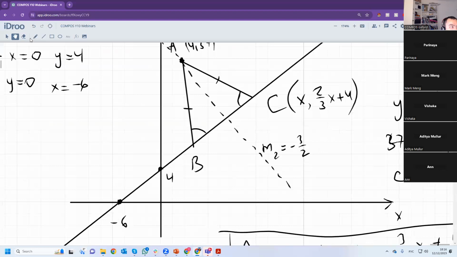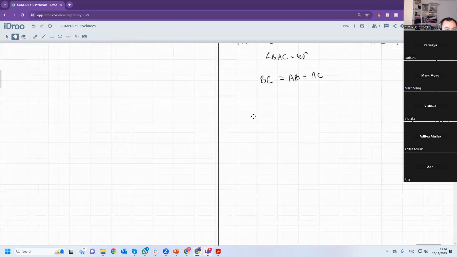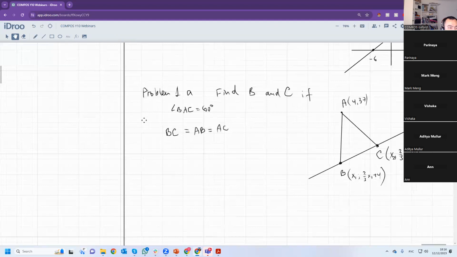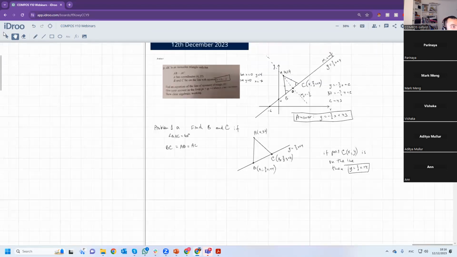So let's find point D. Point D. And find point D. Okay.